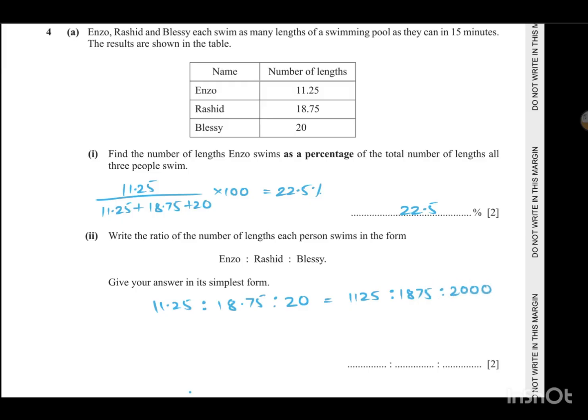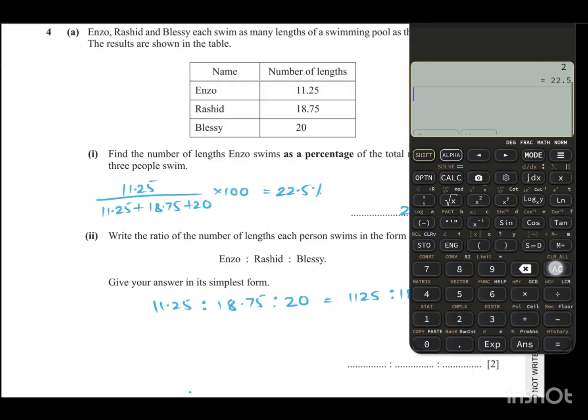Now simplify them by dividing by 5. If I divide 1125 by 5, I get 225. Let me divide by 25 and see. 1125 divided by 25, I get 45.